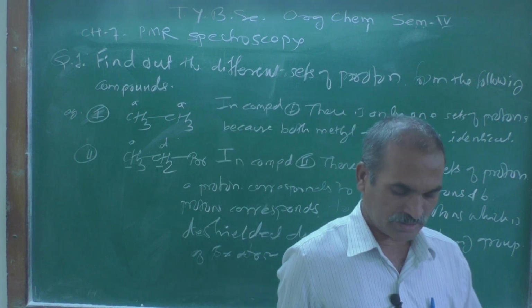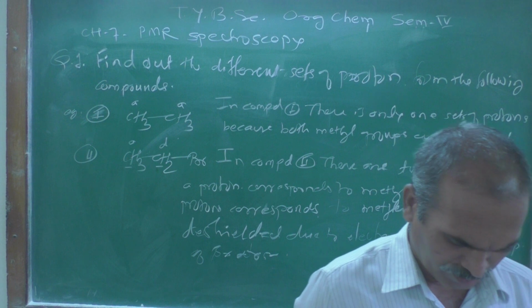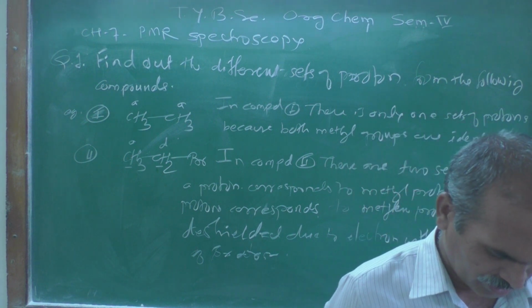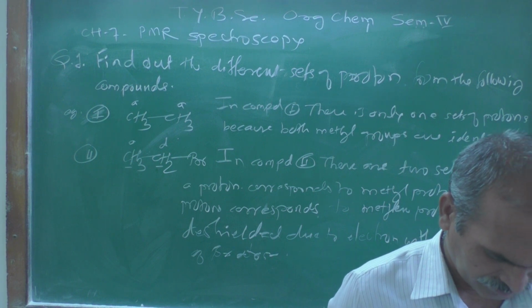This is the explanation you can provide here. In compound 2, two sets of proton are possible, A for the methyl group and B for the CH2 group.